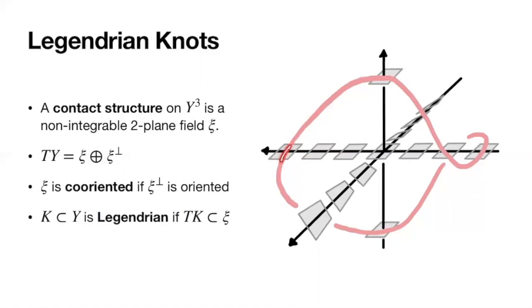So it's tangent there, maybe that's a little tangent vector. Over here, it's going that way. Over here, it looks like that, etc. So this is a Legendrian knot. And today, really we're interested in studying surfaces whose boundary is a Legendrian knot.